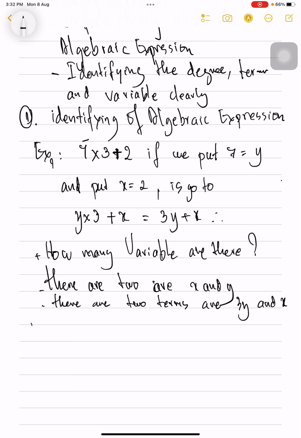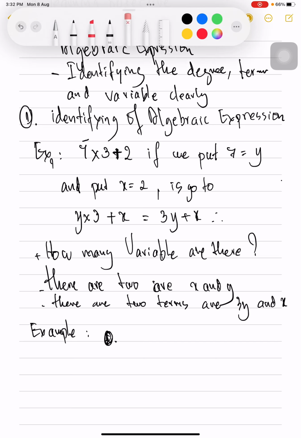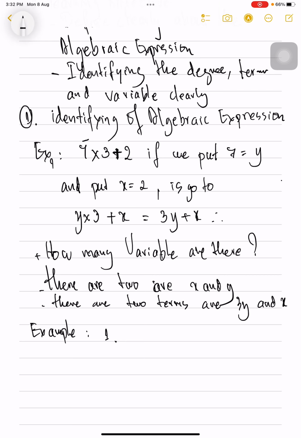For example, more algebraic expressions. For example, number 2.